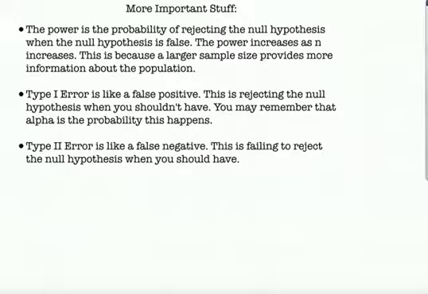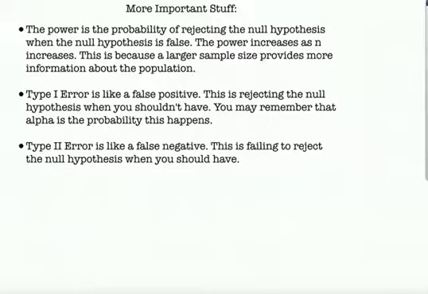Whenever you do these significance tests, there are two types of errors that could show up. The first is a type 1 error. A type 1 error would be like a false positive. So this is rejecting the null hypothesis when you shouldn't have. You may remember from earlier in the video that a type 1 error is a false positive, rejecting the null hypothesis when you shouldn't have.